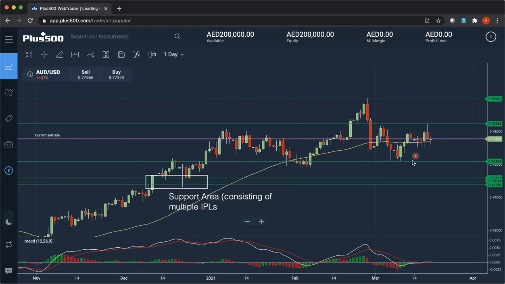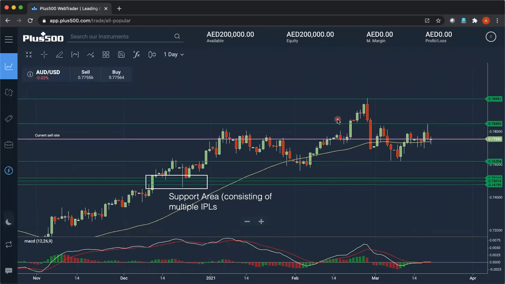Then in this area we can see the same IPL acting as a support for the price to go up to this IPL. Finally the daily price action goes to this 0.80, which acts as resistance, putting price pressure to the downside. In this area price was struggling to break above this IPL; it breaks up and comes back, then retests the same area.